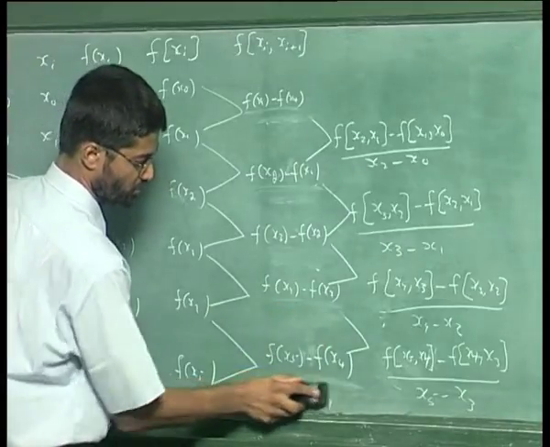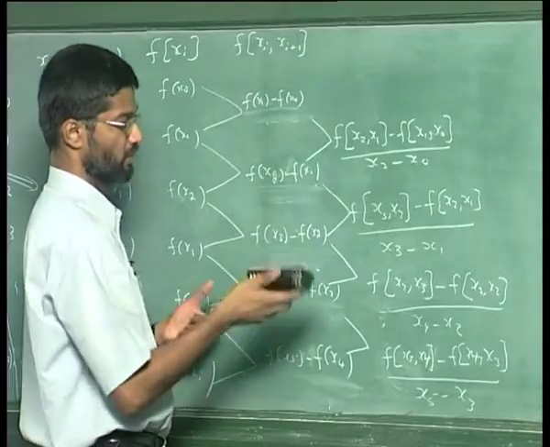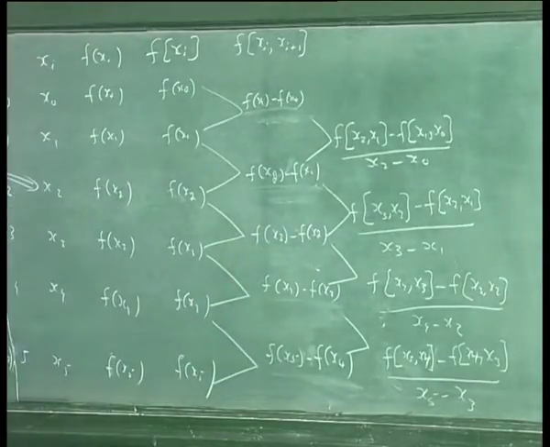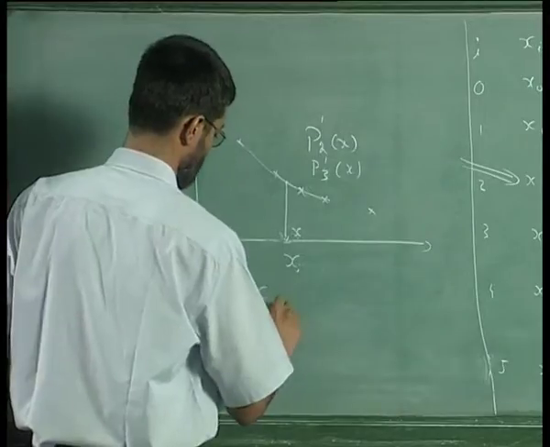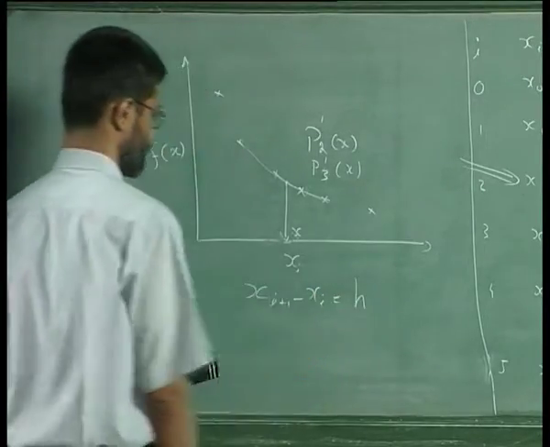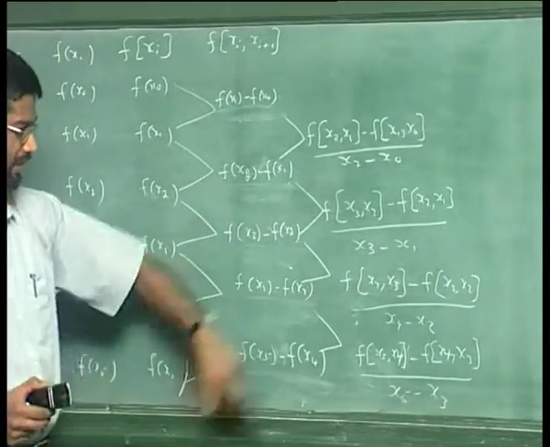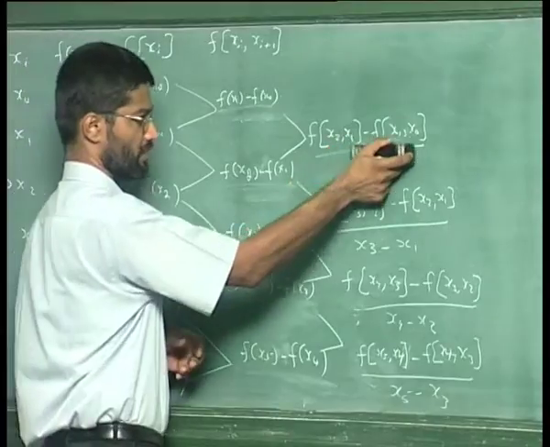Similarly, x2 minus x0 is now 2h. For the evenly spaced data we are going to say that x(i+1) minus x(i) is equal to h. So all this becomes h, and this will become 2h, etc. So we don't need this also.